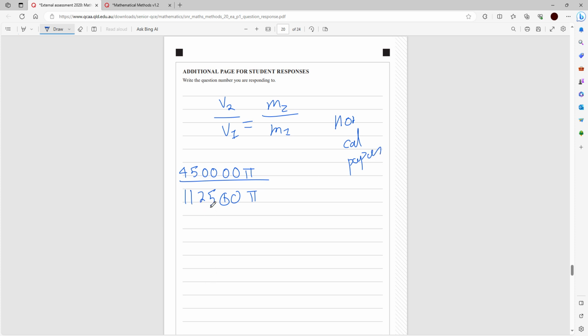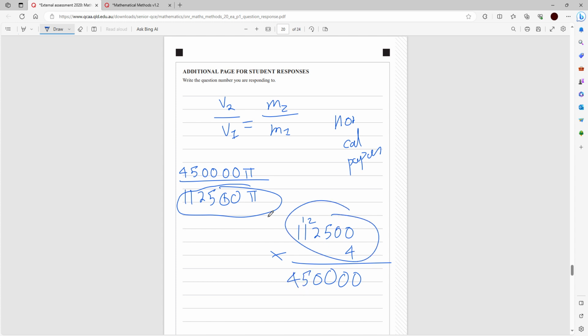Now, I don't know if you noticed this, but this is exactly a quarter of this. Because if I multiply 112,500 by 4, I'm going to get 450,000.